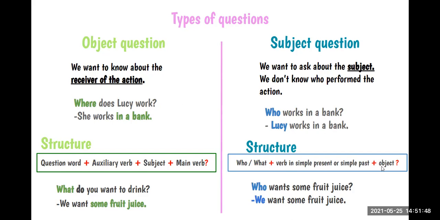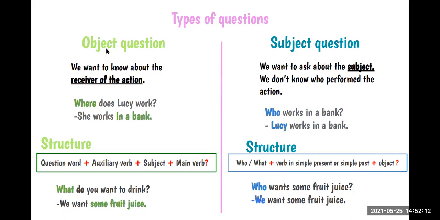So we don't need an auxiliary verb in subject questions, and we don't need a subject, because we are looking for the subject. We want to know who performed the action. So these are the two differences between these two questions, okay?